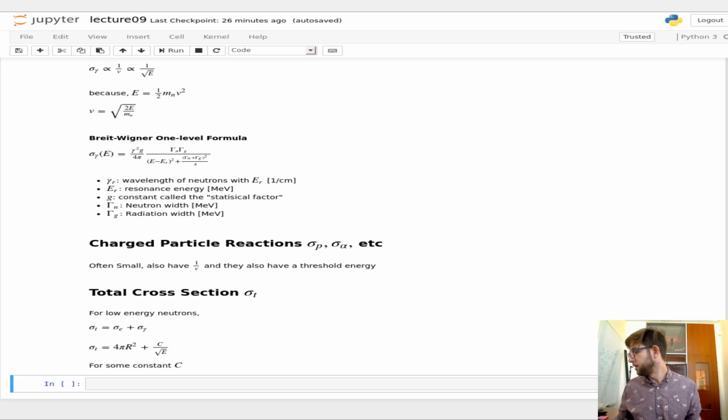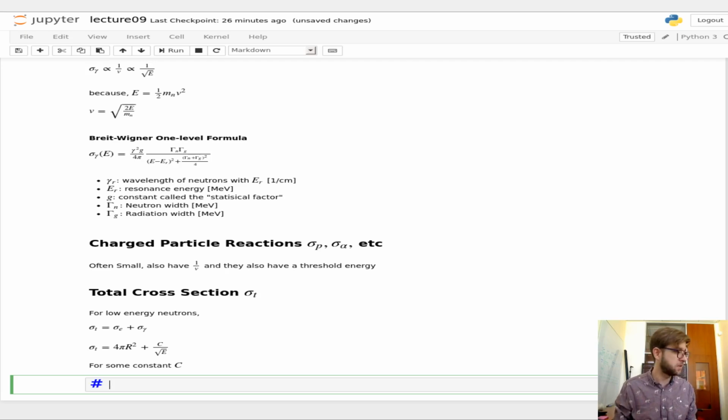Okay, so that's a brief overview of the theory on how these things work. Let's take a slightly deeper dive and talk about scattering in particular, and energy loss.